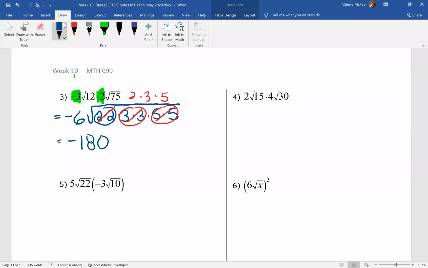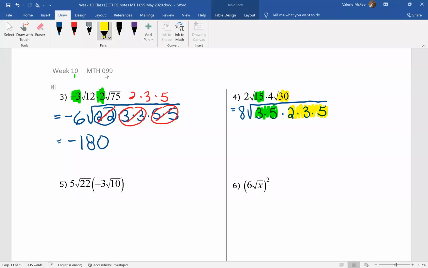Why don't you pause the video, try question 4. So I multiplied the integers in front, 2 times 4 is 8, and then I prime factored 15 in the green, I prime factored 30 in the yellow. I'm going to rewrite those factors just to make it easier for you to see. I'm going to group my numbers together.